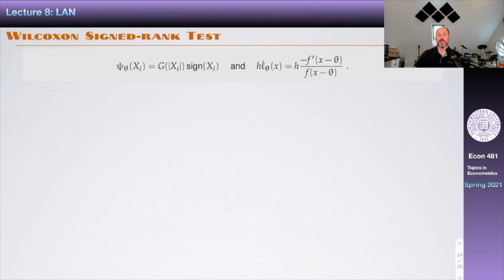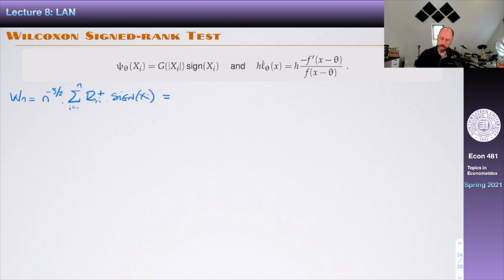Finally, we have the Wilcoxon signed rank test. Remember that we denote this test statistic W_n, which equals n^(-3/2) times the sum from 1 to n of the ranks times the sign of X_i.